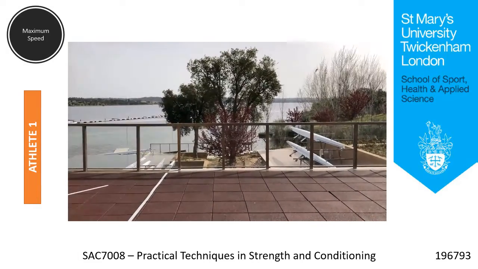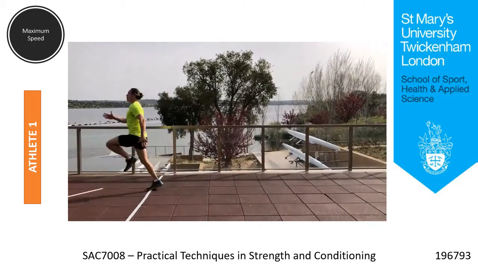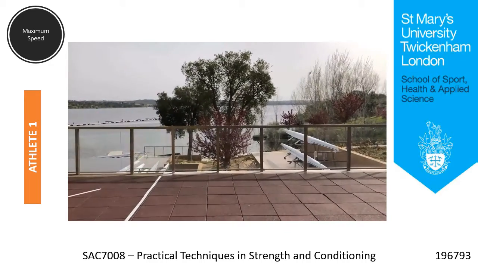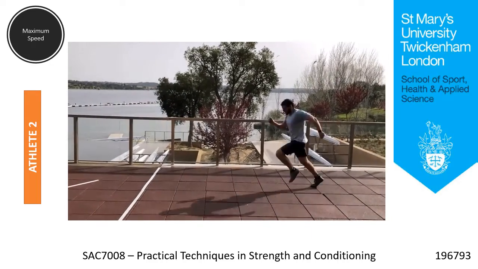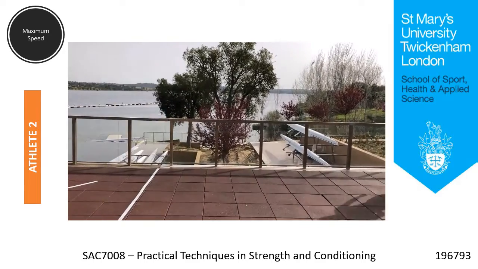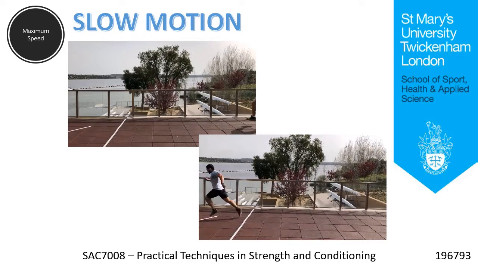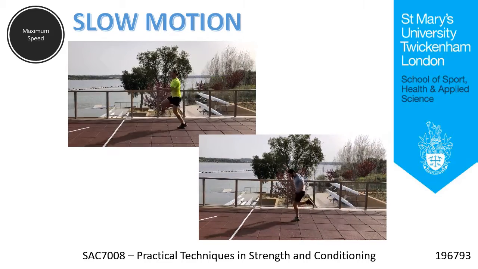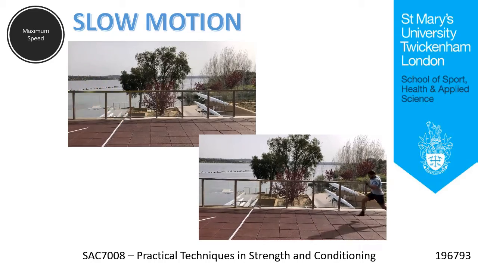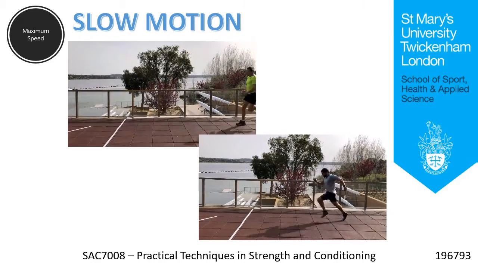This is the first example that we have, athlete 1 performing a maximum speed drill. And here we have athlete number 2 performing the same drill at normal speed. When we slow down both videos, we can see clearly a difference in technique between the two athletes.